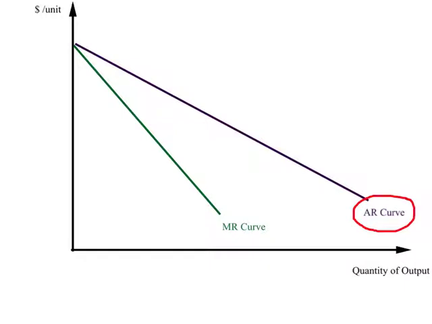And since the average revenue curve is downward sloping, or in other words, the seller can sell more at a lower price and less at a higher price, the marginal revenue curve will lie below the demand curve or the average revenue curve. So this is a diagram that you will see under different market structures of imperfect competition.